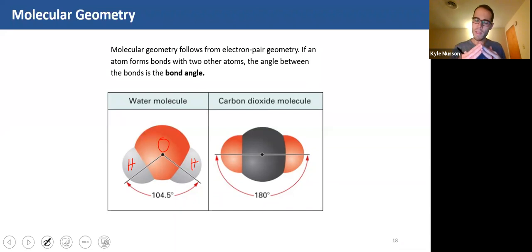If you look at a water molecule structure, the bond angle is given here. It's the angle between the bonds. Carbon dioxide molecule, you have carbon here, and oxygen here. It is a linear molecule, so there's 180 degrees between the bonds. It's linear, okay? And this comes from, or is related to electron pair geometry, which we'll see in a second.